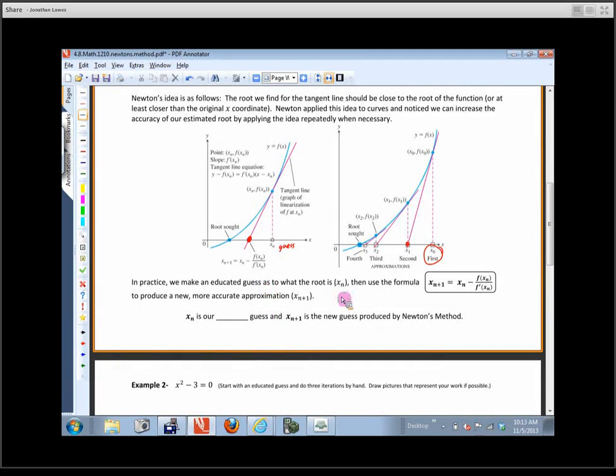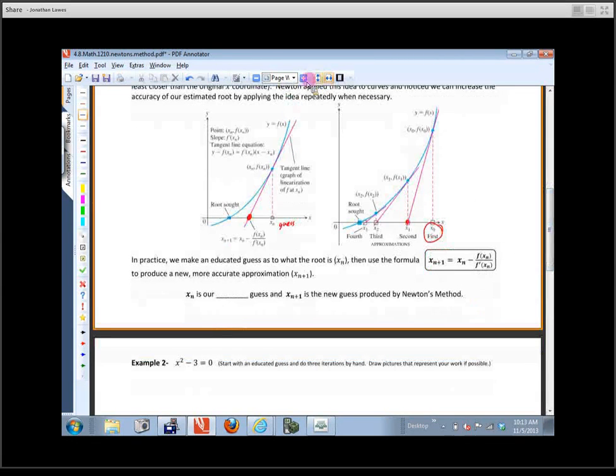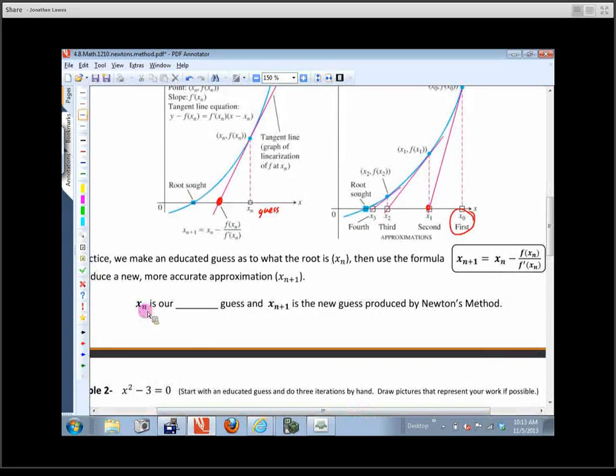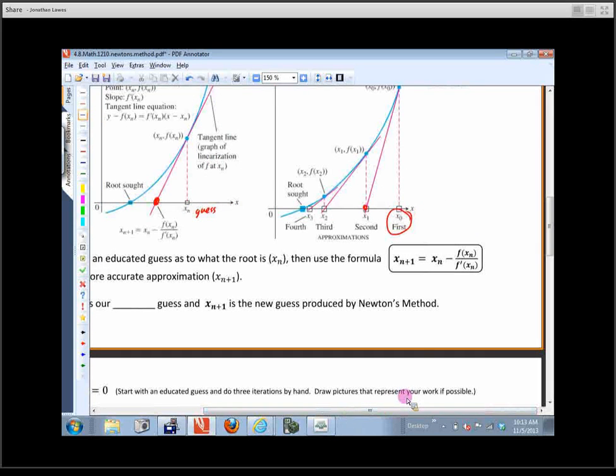Okay, and then we're going to use this formula right here. X sub n plus 1 equals x sub n minus f of x sub n over f prime of x sub n. So let's talk about what each one of these things is so we're sure that we can get this right. Okay? So this right here is our old guess.